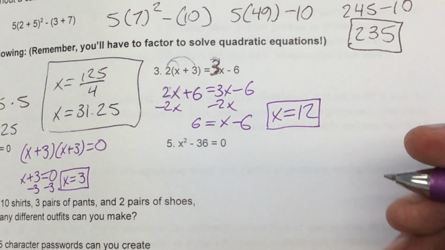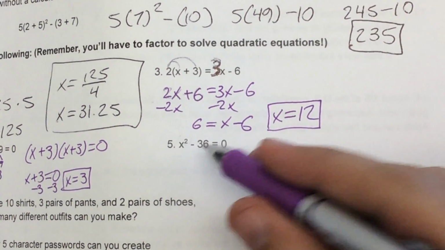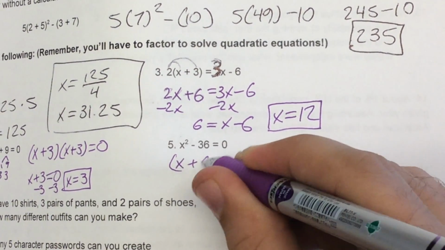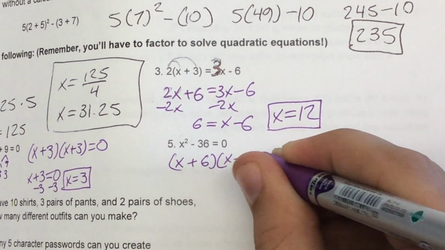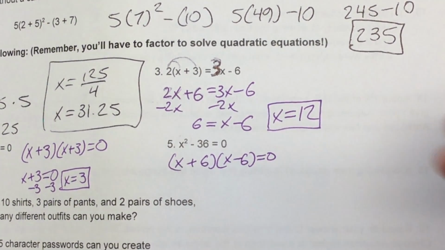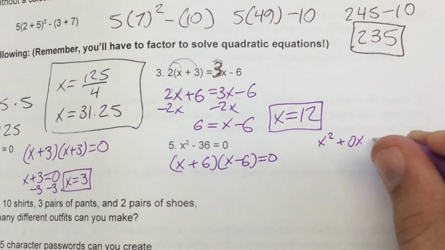All right, this guy is a difference of squares. This pattern basically says, hey, if I just take the square root of both of these guys, I can do it like this. If you forget about that pattern though, you can do it the same way that we did it before.